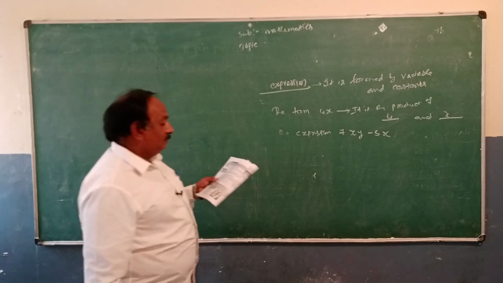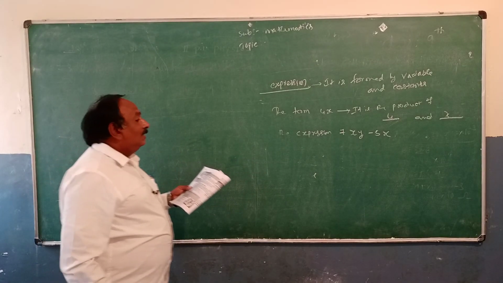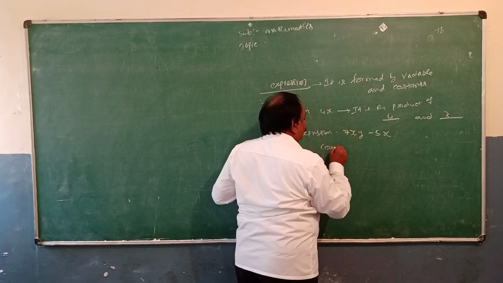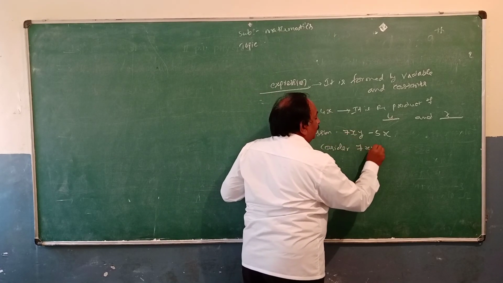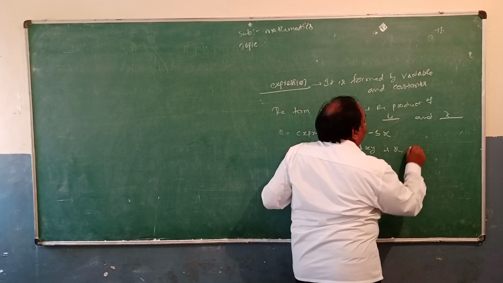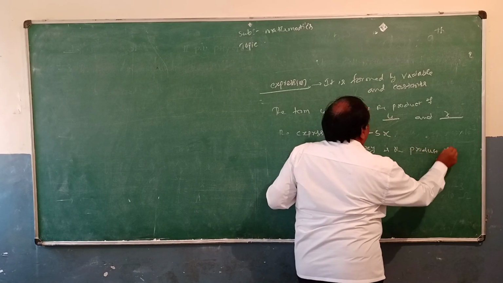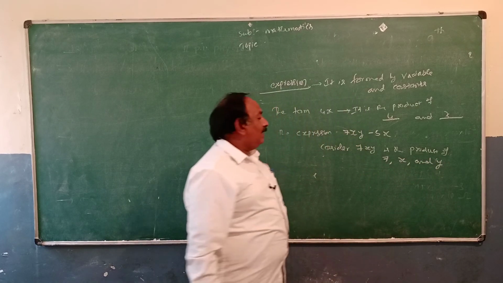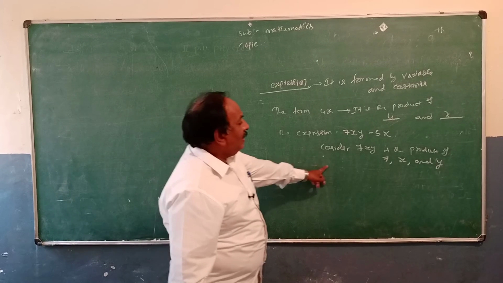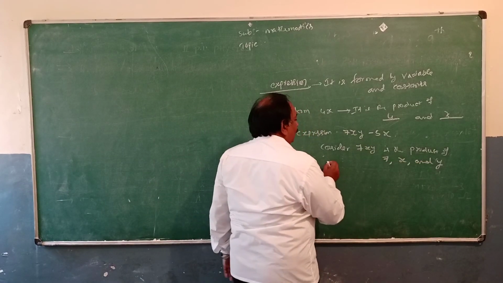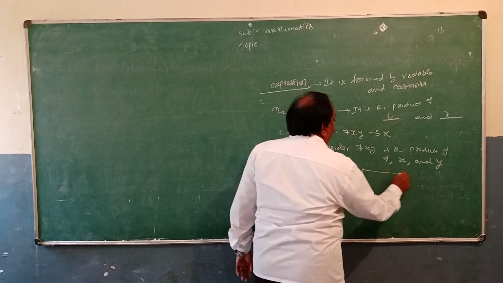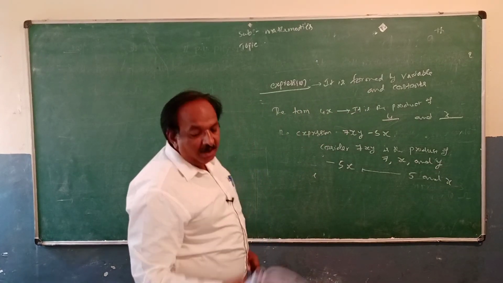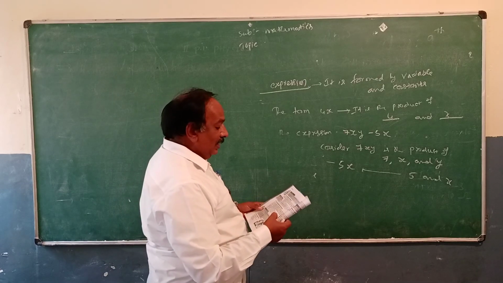It has two terms. 7xy is the product of 7x and y. Minus 5x is the product of 5 and x.